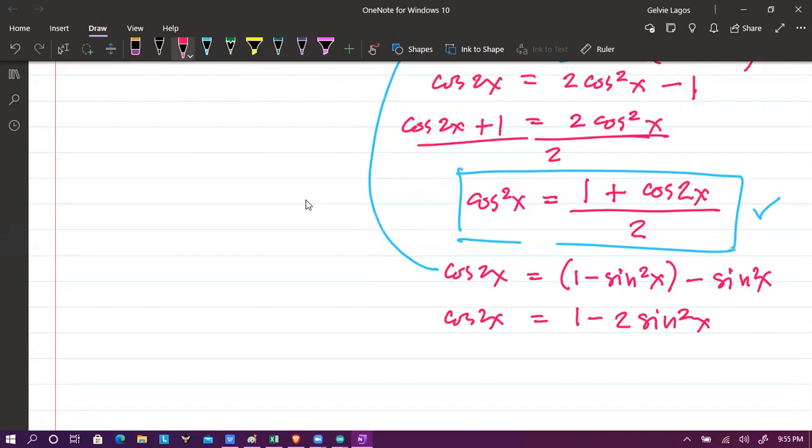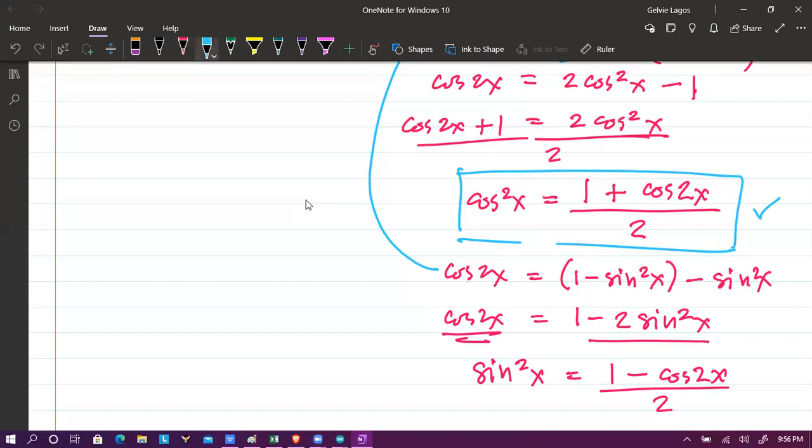Now, if we transpose this term to the other side of the equation and divide it by 2, this will become sine squared x. And what will remain here is 1. This cosine 2x will be transferred to the other side, that will become negative, and divide the whole equation by 2. So that's it for the identity of sine squared x.